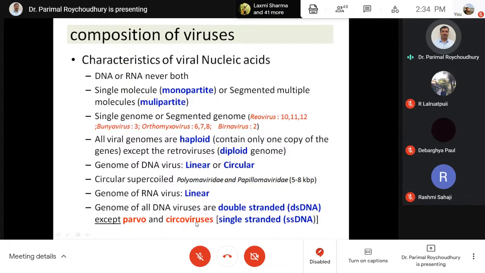These are examples of DNA viruses, but they have single-stranded DNA. We write it as ssDNA. It is quite peculiar: in nature, no DNA is single-stranded, but in these two groups of viruses, the DNA is single-stranded. Please note it down. So the genome of all DNA viruses is double-stranded except parvo and circoviruses, where it is single-stranded.